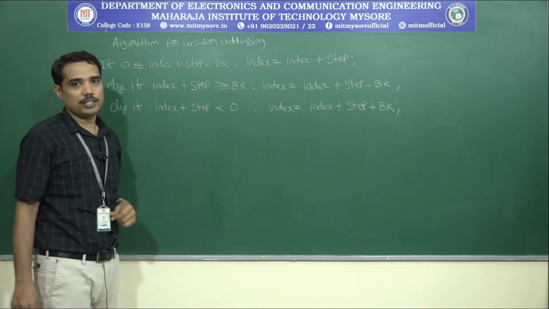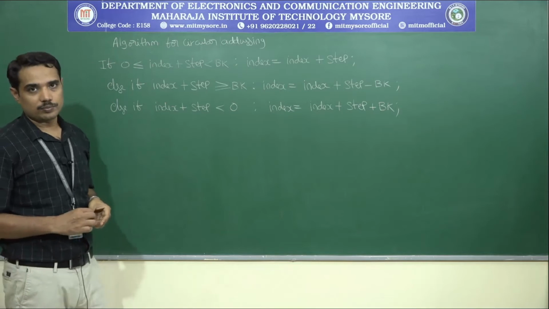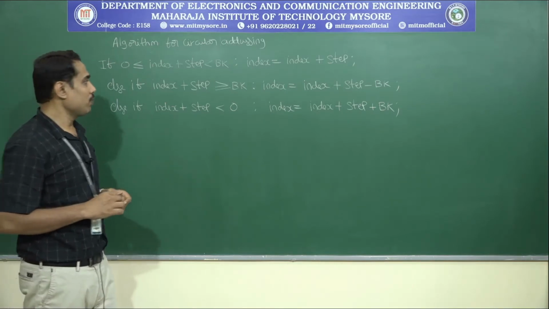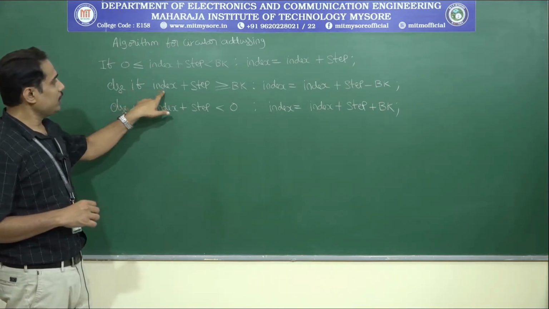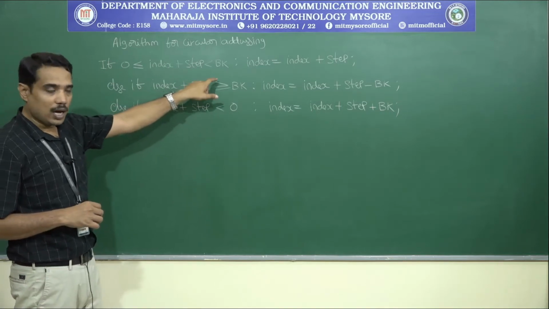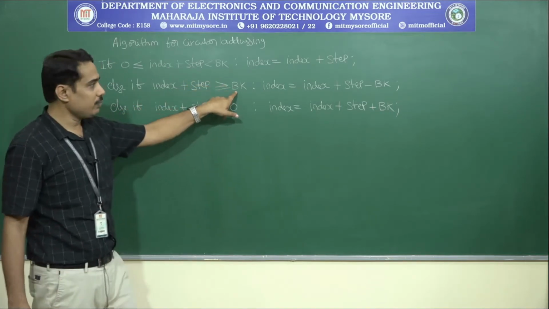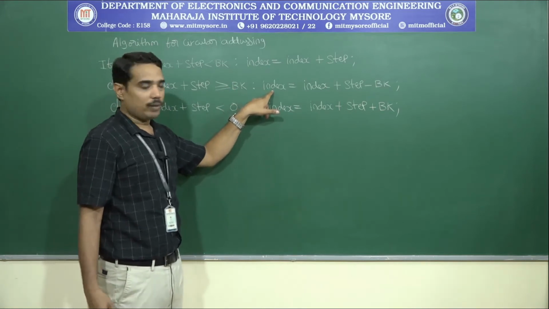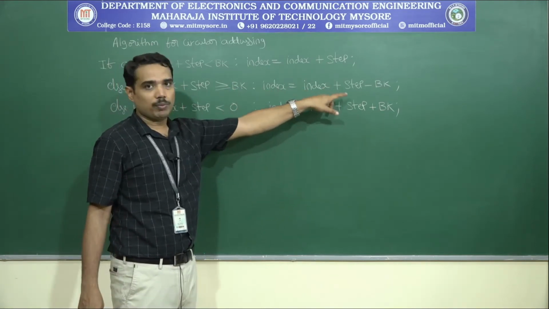Here the step refers to the additional value in the circular buffer. Else if the index plus step is greater or equal to Bk, then the index will be updated to index plus step minus Bk.